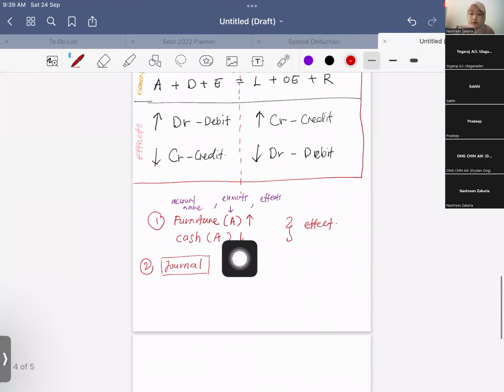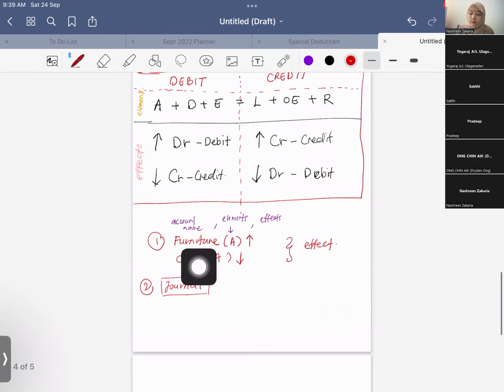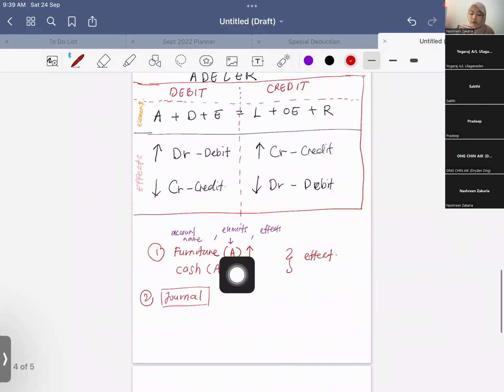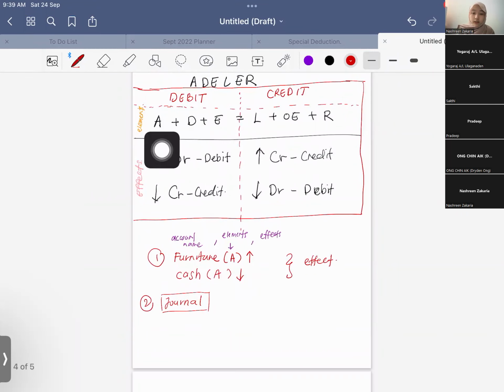Journal based on the effect, let's prepare the journal. Okay, here, both of the accounts, the effect is asset. Both elements are related to asset. So we will just look at the asset side, which is here. Look at asset, it's almost time, less than 1 minute.